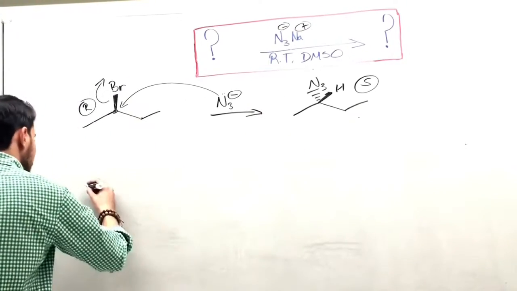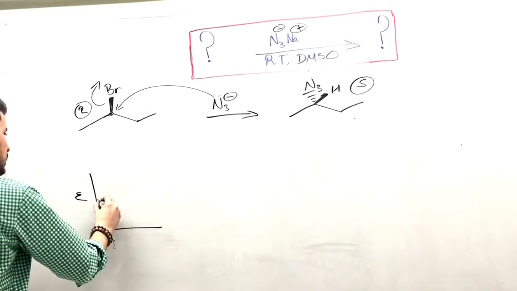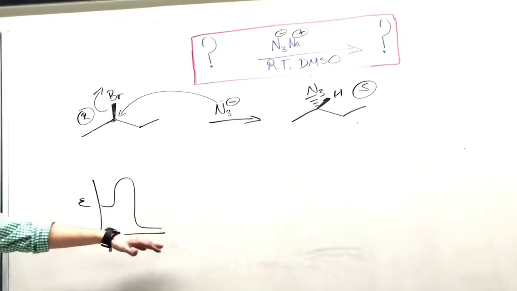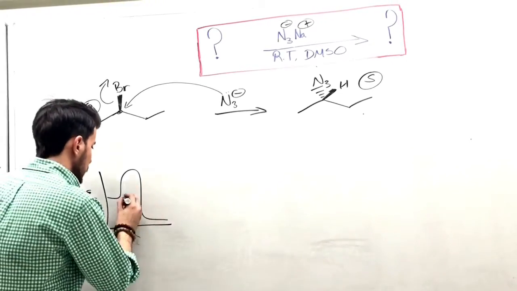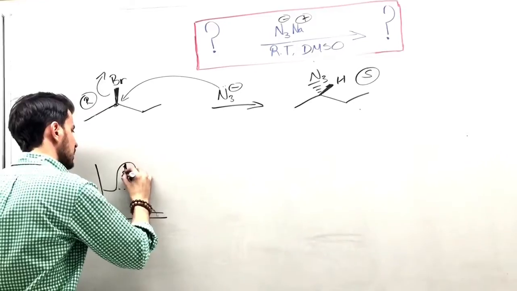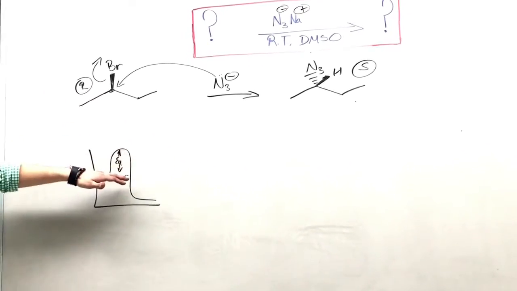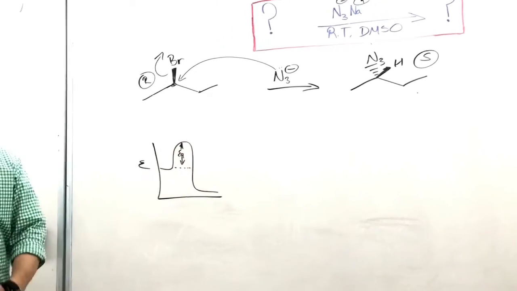If we were to look at an energy diagram here, energy, we'll start here and there. This is a favorable process and it happens in 1 step. So if we were to look at the transition state, which is also important to mention, this little bump here is, in layman's terms, the energy of activation.